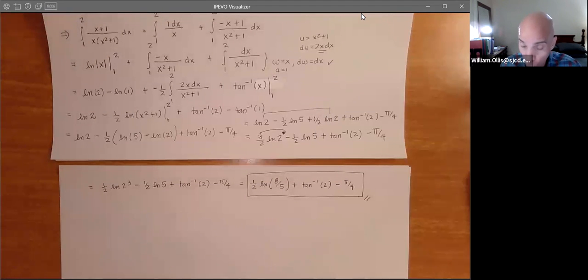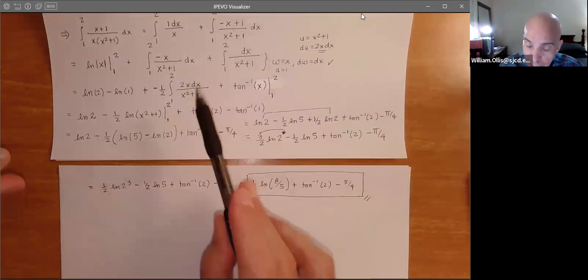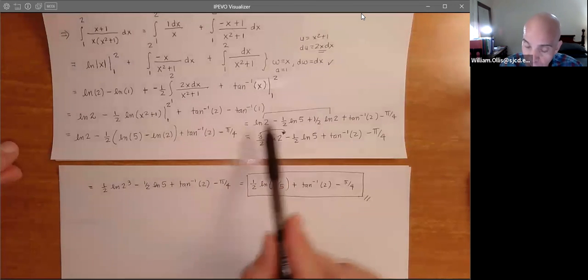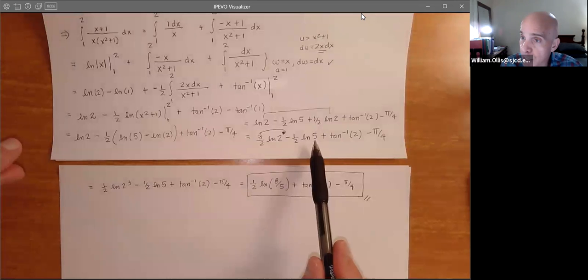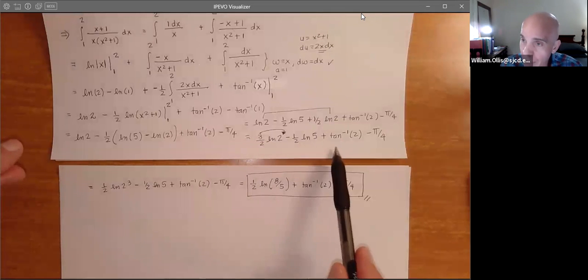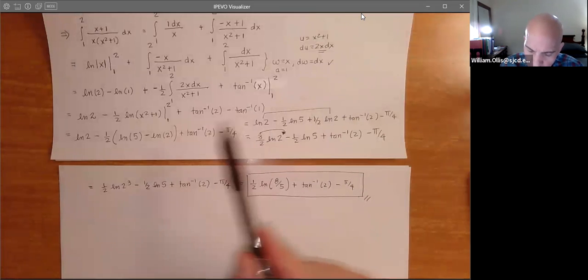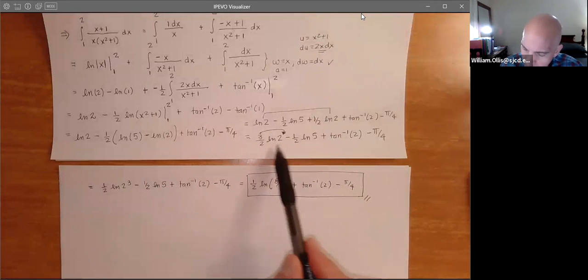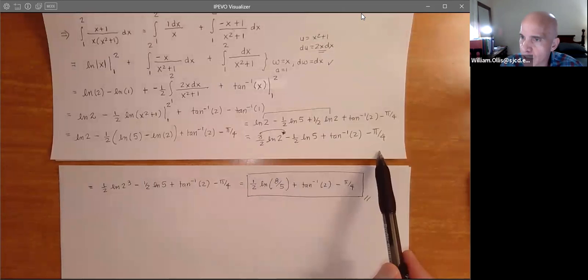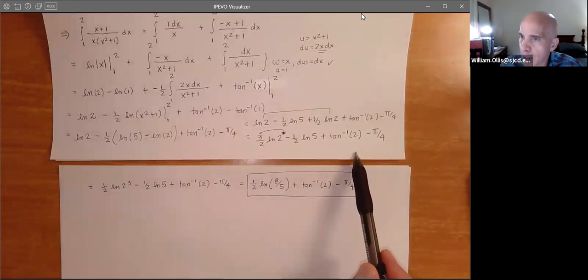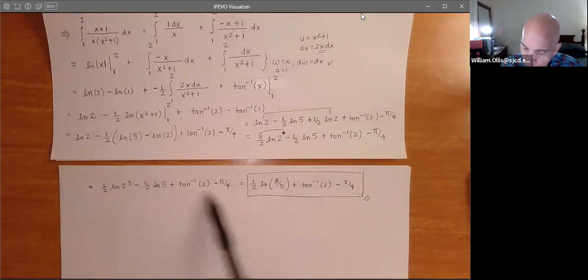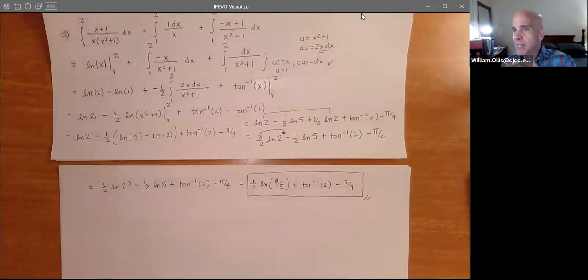So like I said before, the definite integrals certainly introduce some additional arithmetic. And then of course, if you want to make your solution look a little more tidy, you can. But if you're doing your WebAssign and you want to stop here, that's fine. This is completely equivalent. But it's always good practice to make it in a more tidy form if we can do it.